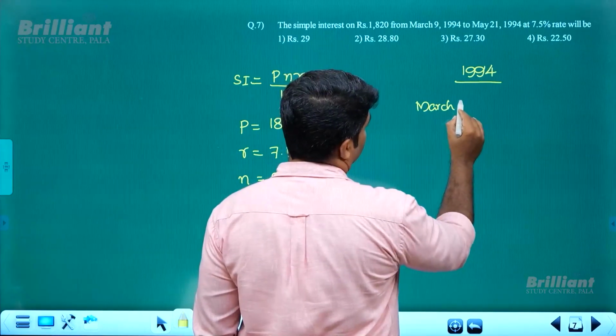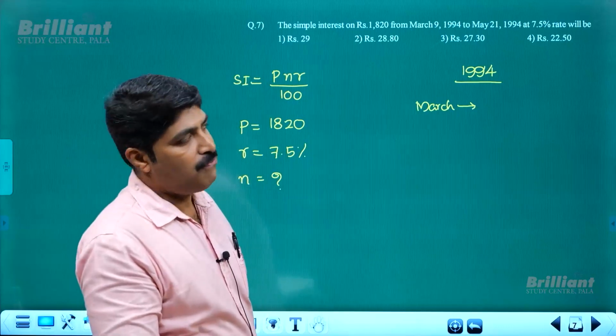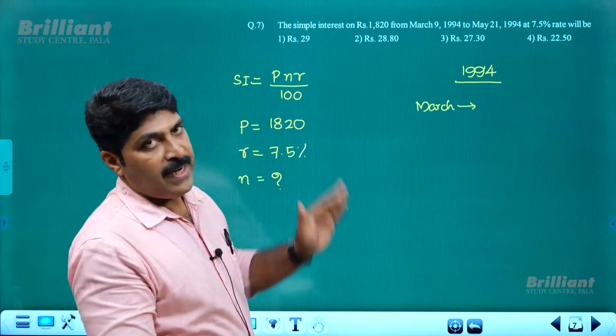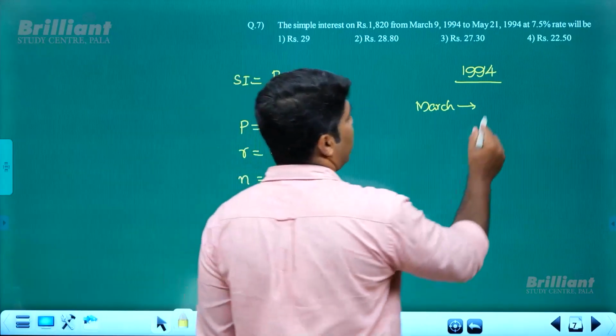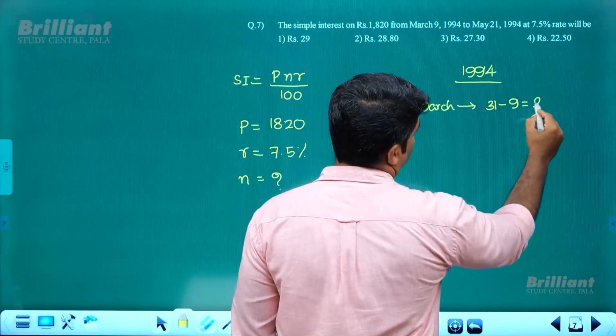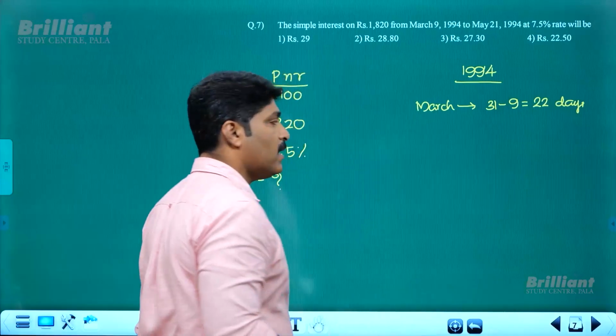How many days are there in the month of March? There are 31 days. So 9 days are already over, so the remaining is 31 minus 9, that is 22 days. So we have to calculate it like that.